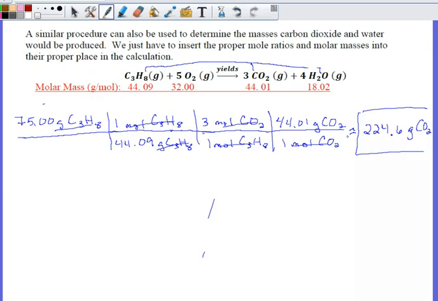Alright. And then here, we're going to do this one more time to talk about water. How much water are we going to produce? Now I could predict this since I have all the other 3 numbers without doing this step, but just to show that it works. So we're going to start out the same exact way.